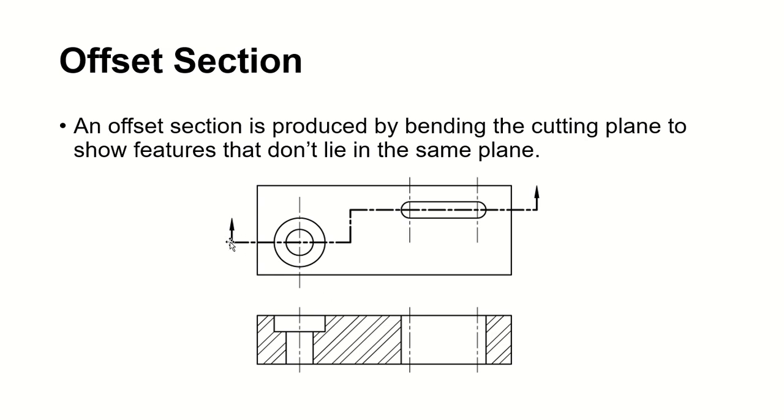Okay. All right. Offset is a little different from full, and also different from your half. Offset is kind of like a wiggly cutting, a different way. So you bend it. First you cut here, then you turn, that's called bending, and then do another cut. So the two lines here at the front end are not linear to each other, because we have a first cut and turn, and then a second cut and turn.